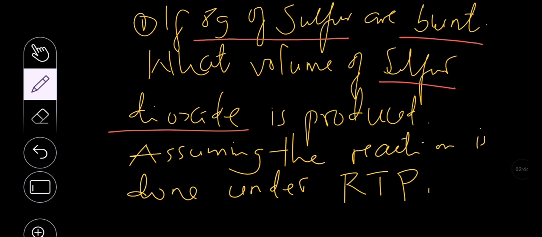The 8 grams of sulfur are burnt in oxygen, and sulfur dioxide is produced. Now, assuming that this reaction is occurring under room temperature and pressure, what volume of this product is produced?